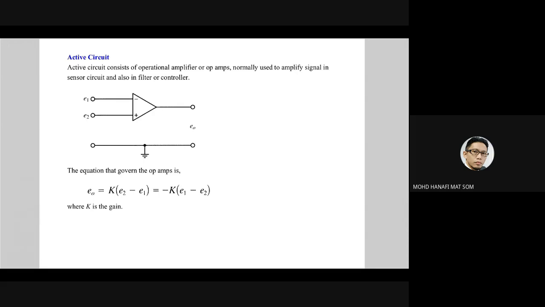So we have E0 equals K multiplied by the difference between the two inputs, at the positive terminal and negative terminal, E2 minus E1. We can also have it in reverse, where we have a negative K and the difference E1 minus E2, because E1 is the negative terminal and E2 is the positive terminal. Both equations will yield a similar result for E0 over here.